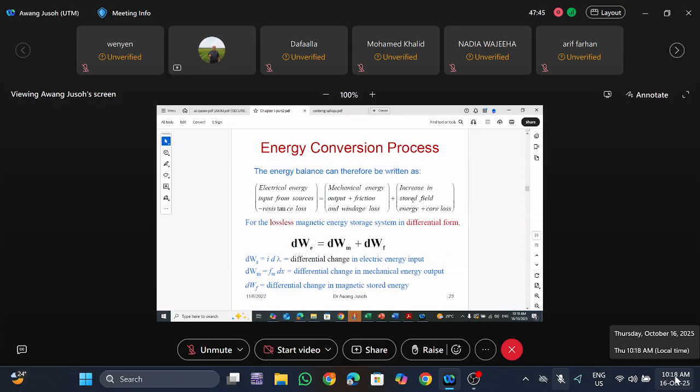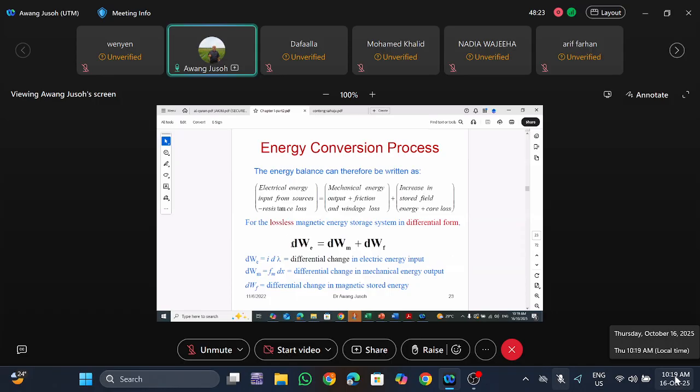All right. So this statement represents the relationship between electrical energy, mechanical energy, and the stored energy in the electromechanical device. For a lossless system, if we assume there is no resistance loss, no windage loss, no core loss, then we can write the equation of this statement in differential form, where dWe equals dWm plus dWf.